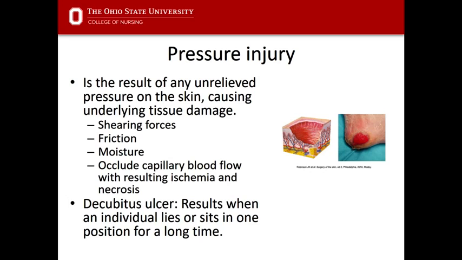If you don't have blood flow to the area, then you're not going to be able to bring oxygen or other nutrients to that area, and that's going to contribute to the tissue damage. But the friction, moisture, and shearing forces can also contribute to that damage as well.